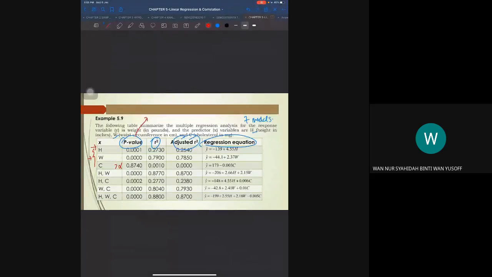Discarding C means that all the models with C must also be discarded, because C is not significant.